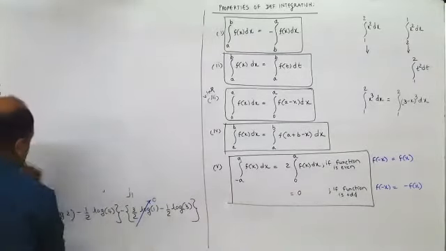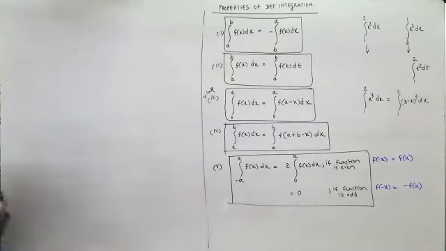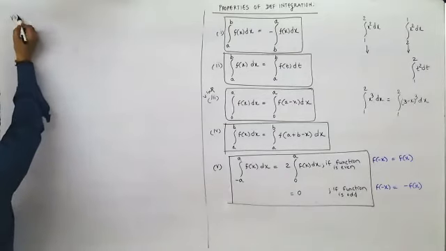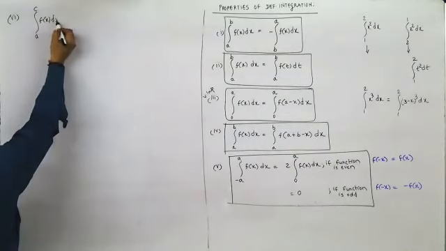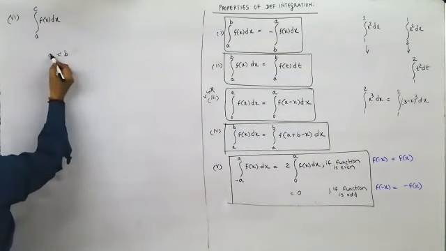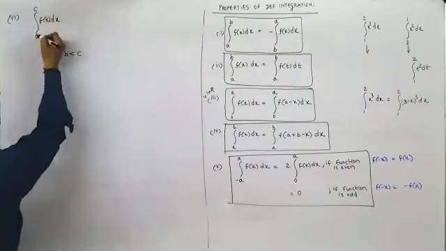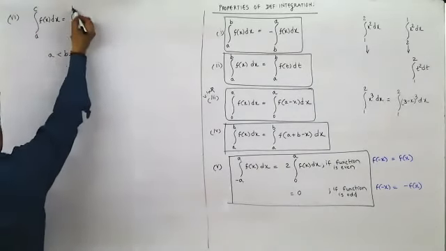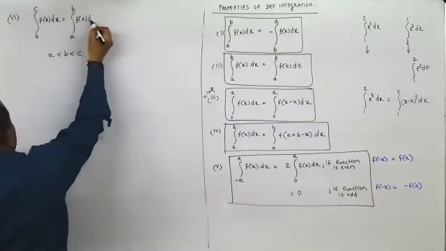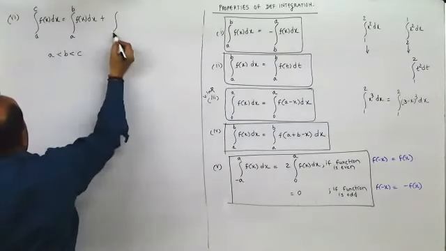Next. Sixth one. If I have interval a to c f of x dx and I say b is between a and c, then instead of a to c, I'll first integrate between a and b, and then I'll integrate between b and c.